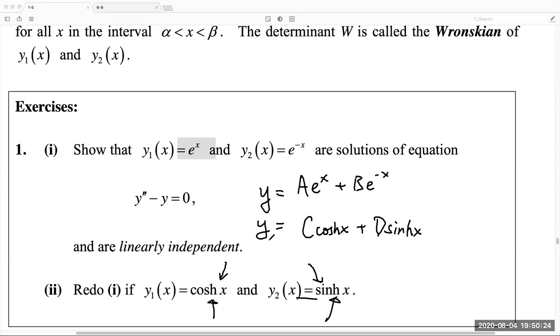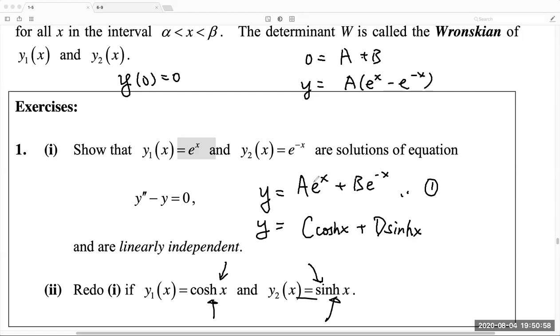Now they are actually equivalent, but sometimes we may prefer one over the other. Let me give you one example. Let's say I give you one initial condition: when x equals 0, y equals 0. If you use the first equation, you substitute x equals 0, y equals 0, so it gives you 0 equals a plus b, and then you can simplify the equation like this one. That's still fine.